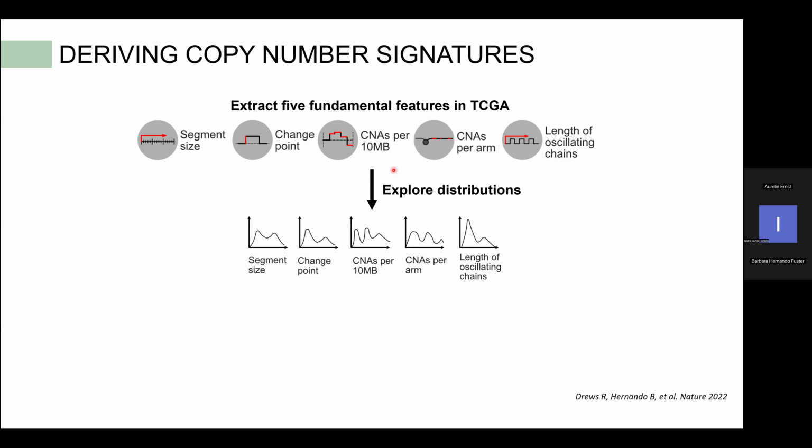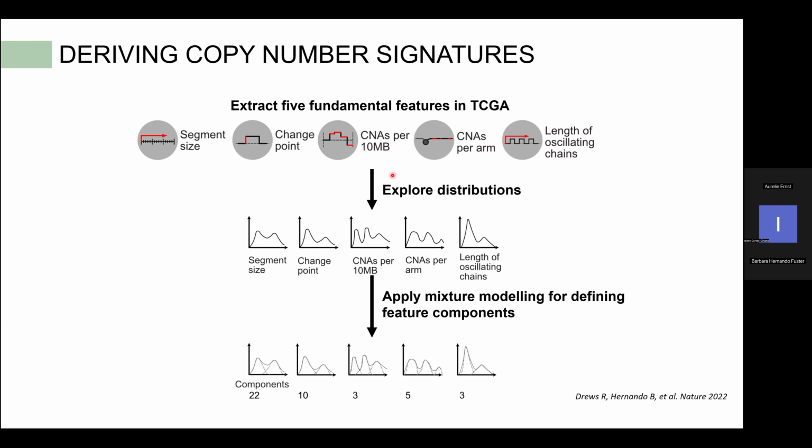These distributions were then used to define categories for each feature, and for that we used mixture modeling to define the different components or categories per feature.